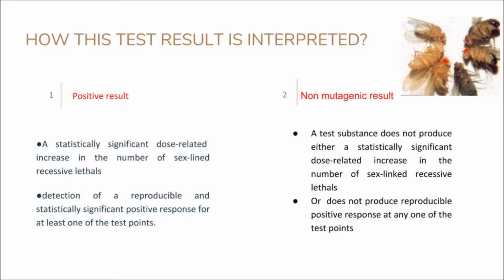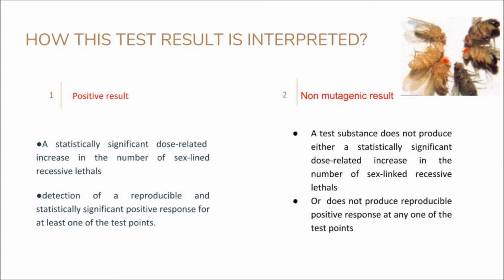Now we will have a look at how this test result is interpreted. The criteria needed for a positive result is a statistically significant dose-related increase in the number of sex-linked recessive lethals. Next, the detection of a reproducible and statistically significant positive response for at least one of the test points.